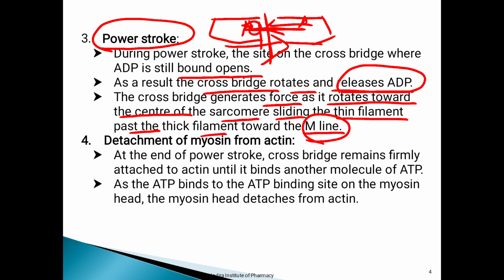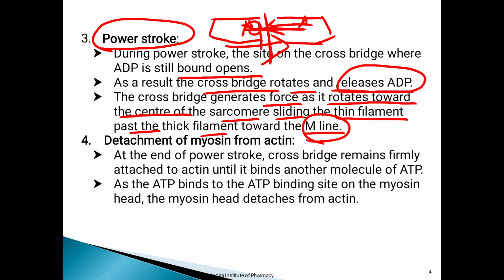So the next step is detachment of myosin from actin. At the end of power stroke, cross bridges remain firmly attached to actin until they bind another molecule of ATP.